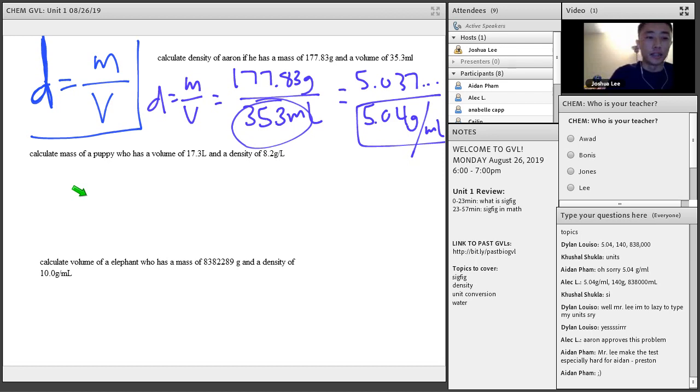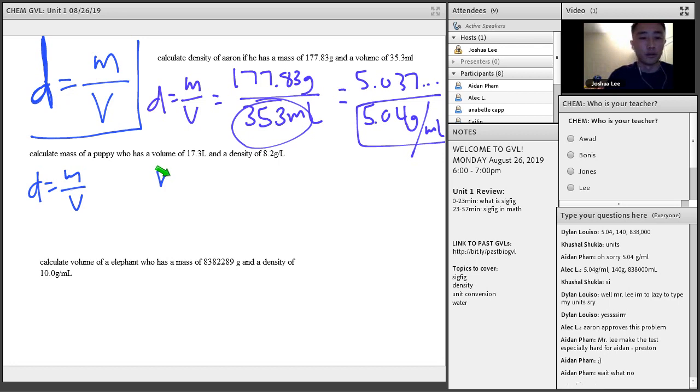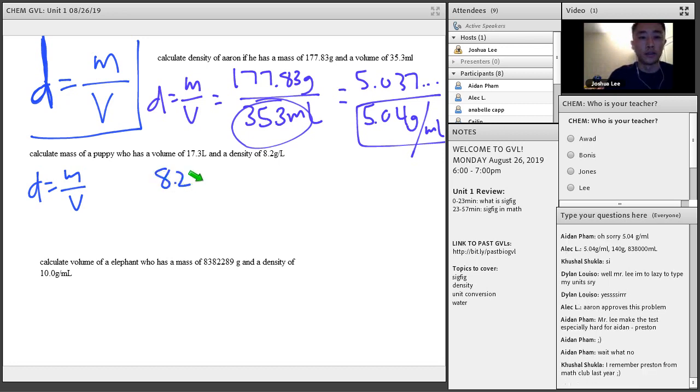All right. Density is mass over volume. We know the density is 8.2 grams per liter. We don't know the mass, and we know that this is 17.3 liters. You want mass by itself, so you're going to multiply both sides by 17.3 liters.